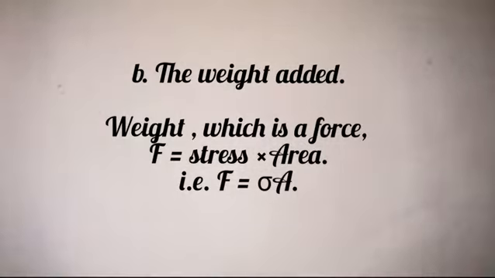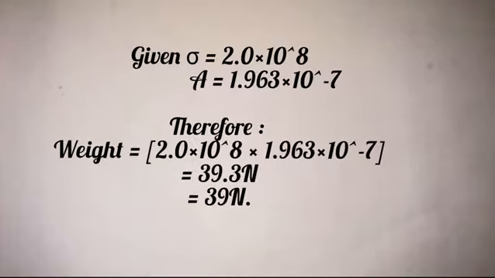Number B, the weight added. Weight is given by stress times area, that is sigma times A. Stress was given as 2.0 times 10 to the power 8, and area is the value we obtained in A, which was 1.96 times 10 to the power -7.